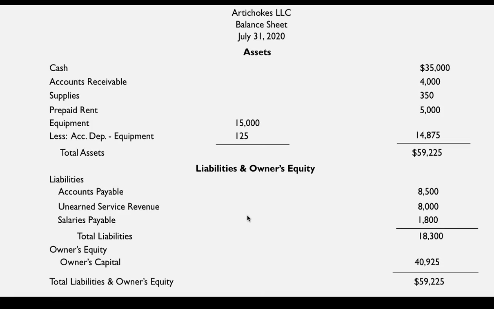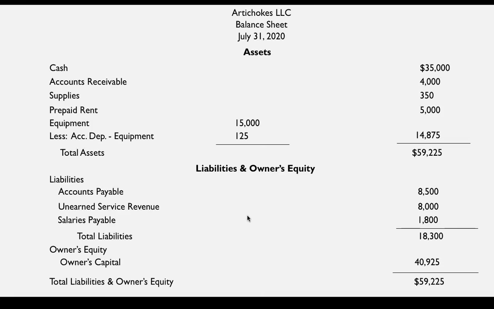We take that total liabilities amount of $18,300 and we add in the owner's capital amount of $40,925, giving us a total liabilities and owner's equity of $59,225. You'll notice that's the same number as our total assets.